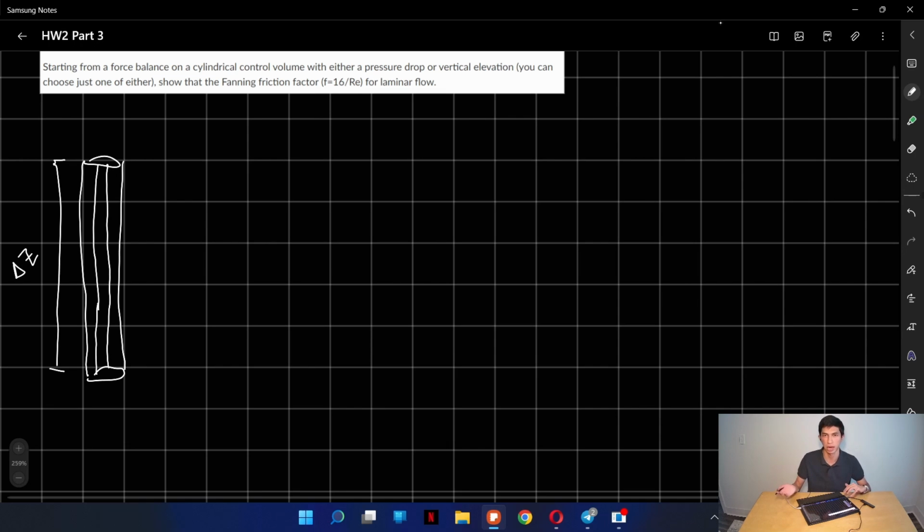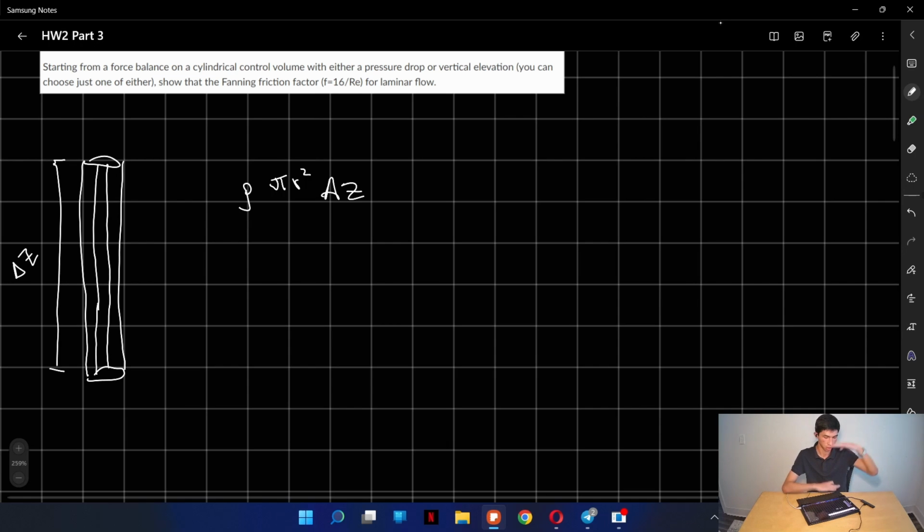The weight is mass times the gravitational acceleration, and the mass itself is the volume times the density of the liquid. So we have the density multiplied by the volume of the pipe, which is pi r squared times delta z, because we're considering a change.